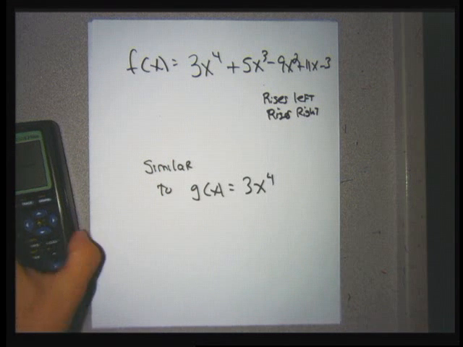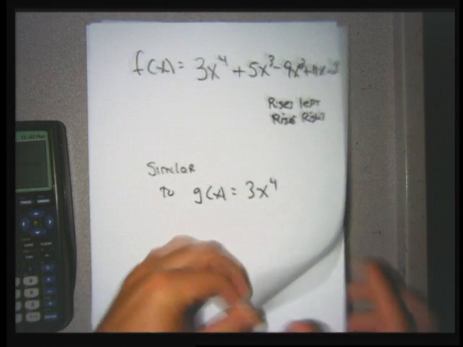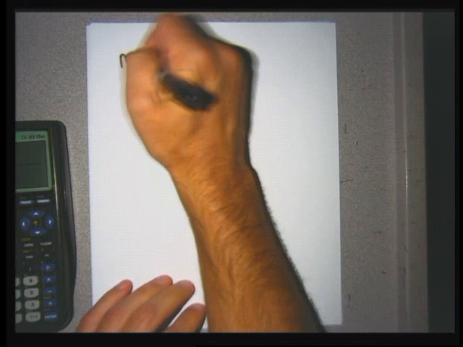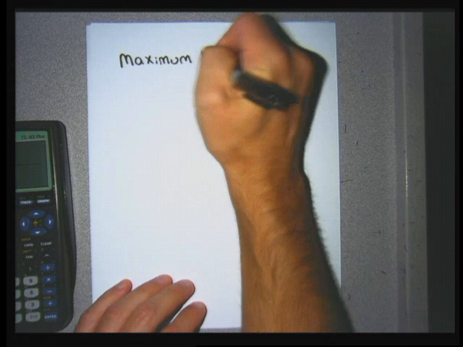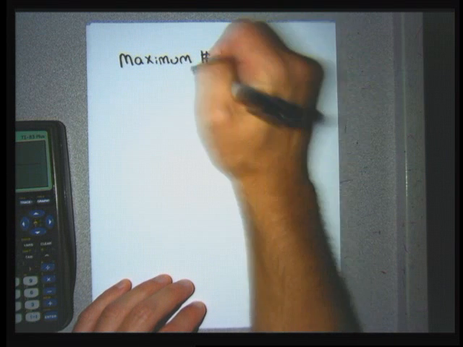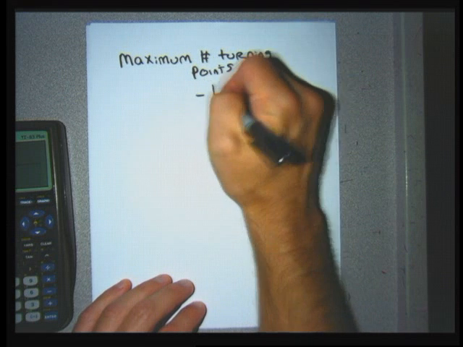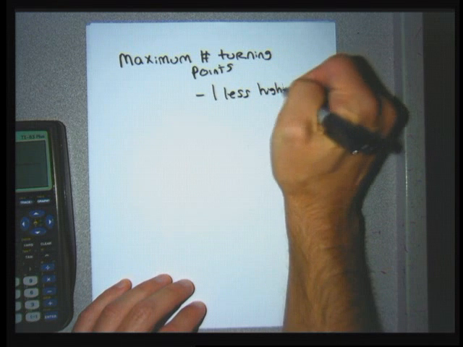Okay, still more concepts. It's a really concept-heavy section. So far we know what a polynomial is. We have this concept, the maximum number of turning points, and that's 1 less than the highest exponent.